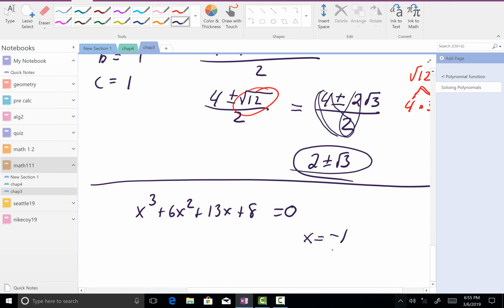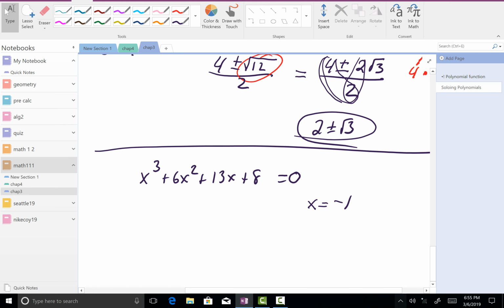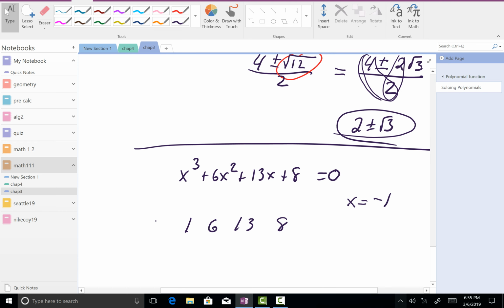So we got a -1. All right. So what are we going to do now? How do we find the other one? Synthetic division. Okay, do synthetic division on it, let me know what you get.